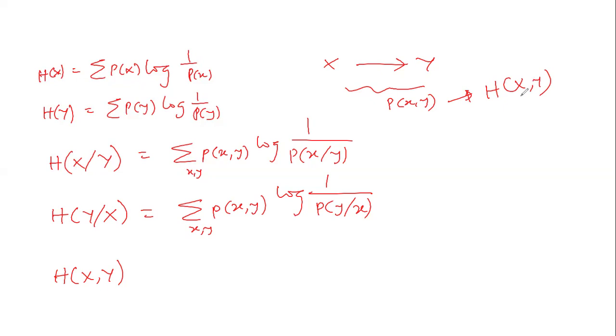So this now, which is the joint entropy, is the average uncertainty.